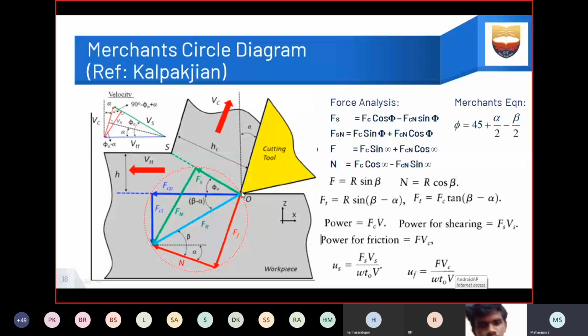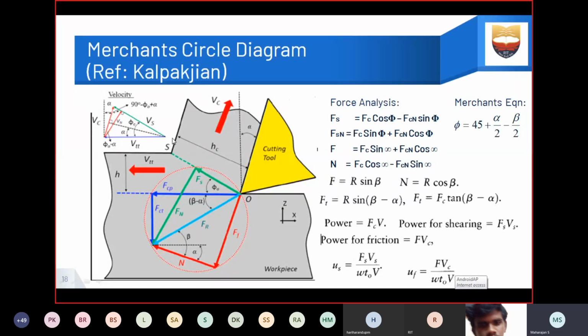Actually, there is the energy required for cutting, the energy required for friction, and the energy required for shearing. If you want to know the energy required for cutting, you multiply the cutting force with the velocity. For the energy required for shearing, you multiply Fs, the shear force, into the velocity Vs, the shear velocity.